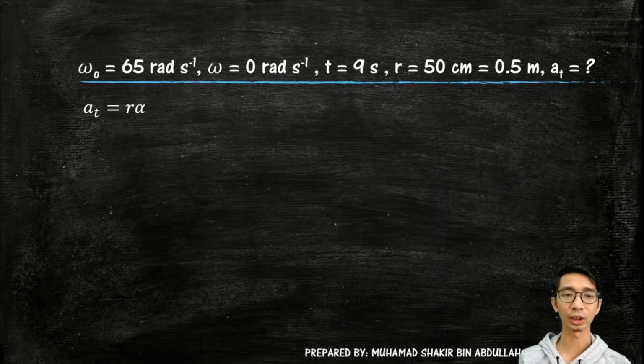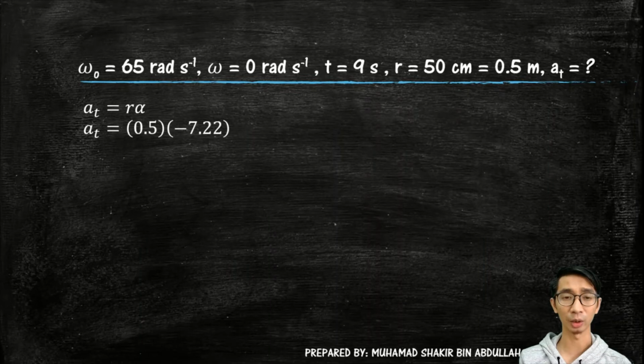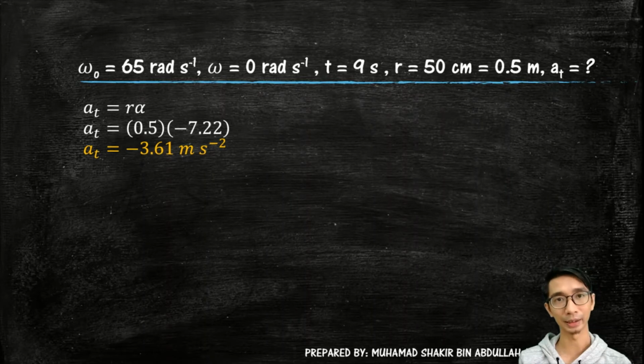Actually, tangential acceleration is an acceleration that you already learned in chapter 2, kinematics of linear motion. Just substitute the information into the equation, making sure everything is in SI unit, and using the calculator you get negative 3.61 meter per second squared.